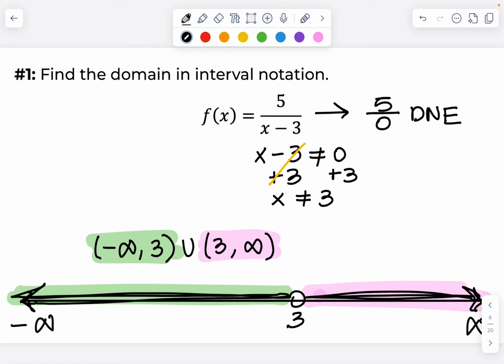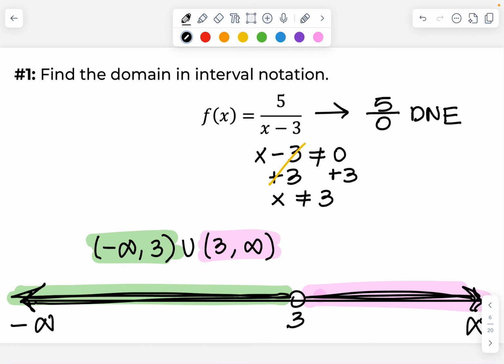So that's why I set my denominator not equal to 0 and solve. I'm solving for where I could have that issue, where my function would give me an undefined point, and that's going to happen at x equals 3. So that is, again, why we think about this in terms of 0. It's because we can't divide by 0. That causes issues with our domain.